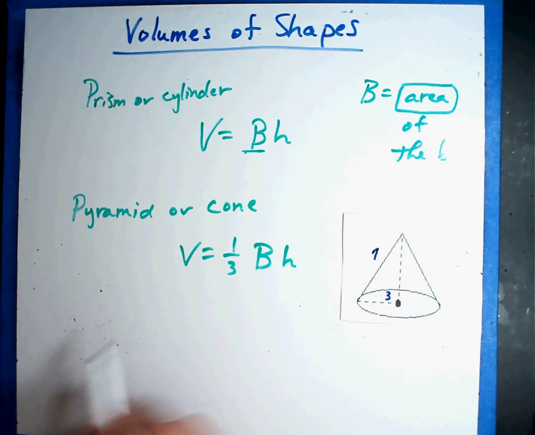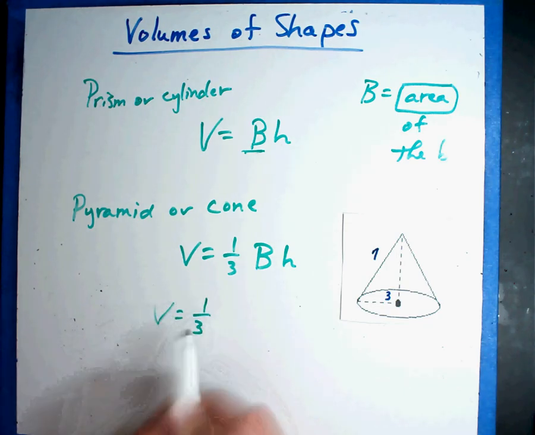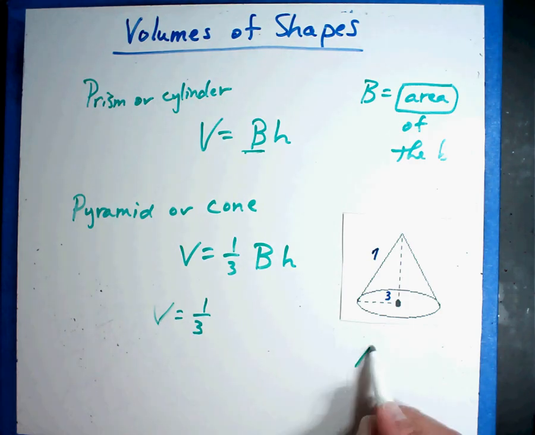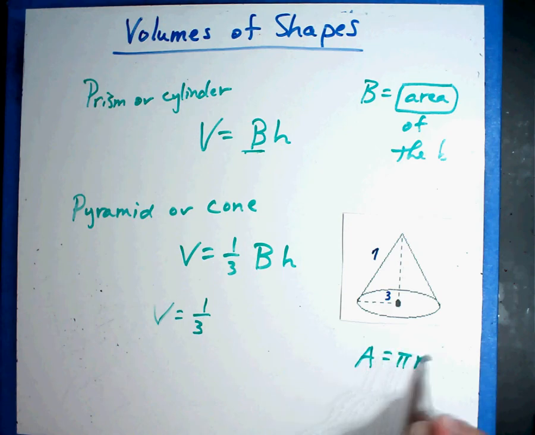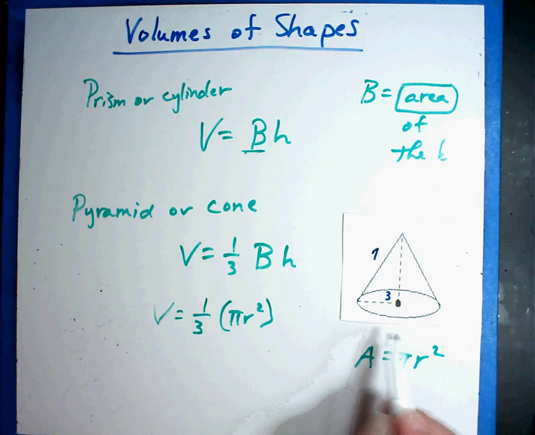If I'm going to fill it up with liquid, it's 1/3 the base. The base is a circle again, so the area is pi r squared, times the height.